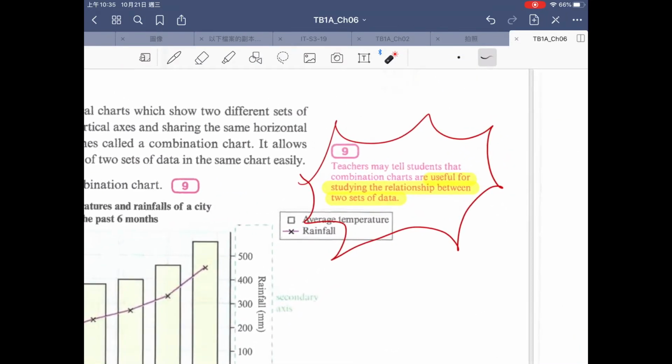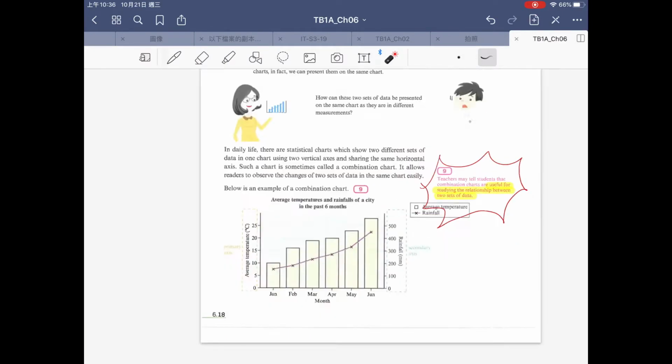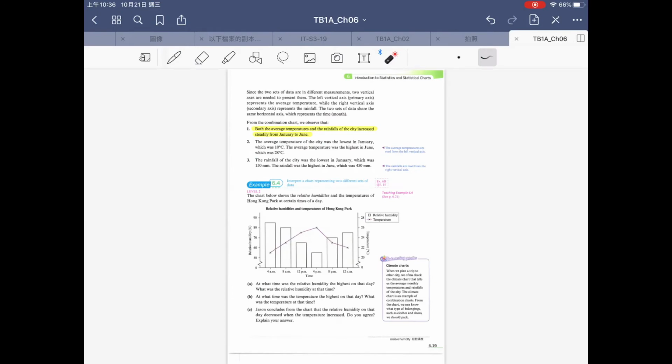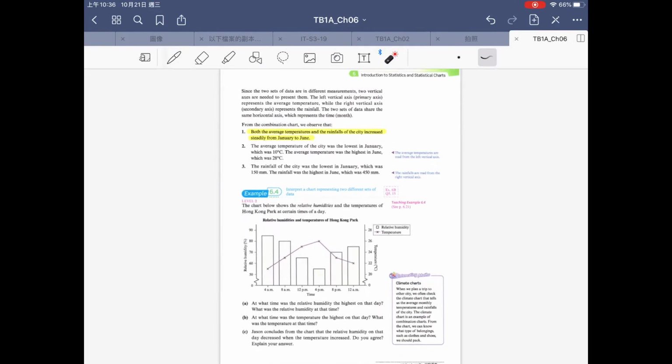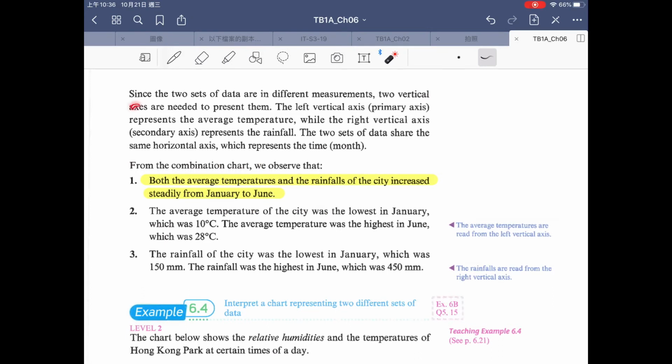Why do we combine the two charts together? Because it is very useful for studying the relationship between two sets of data. Let's look at here.